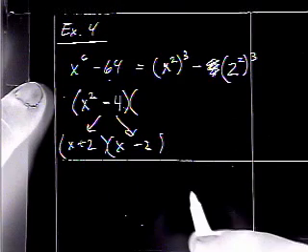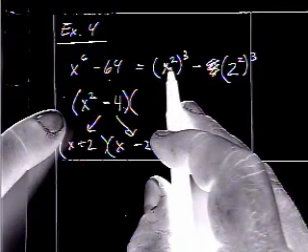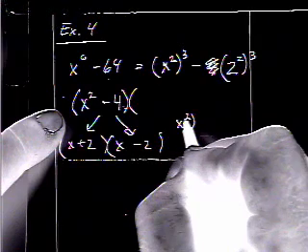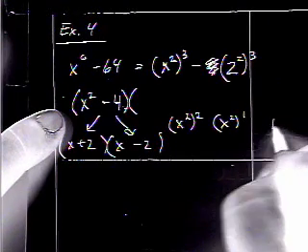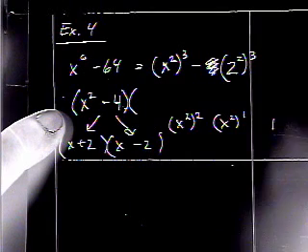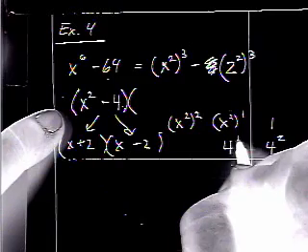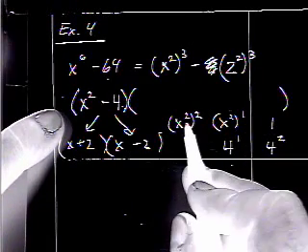Oh, man, I didn't leave myself a whole lot of room here. Okay, so if I took out one of the cubes, then I'm left with x squared squared, x squared to the 1st, x squared to the 0. 4 squared, 4 to the 1st, and 4 to the 0. And I multiply them together, right?